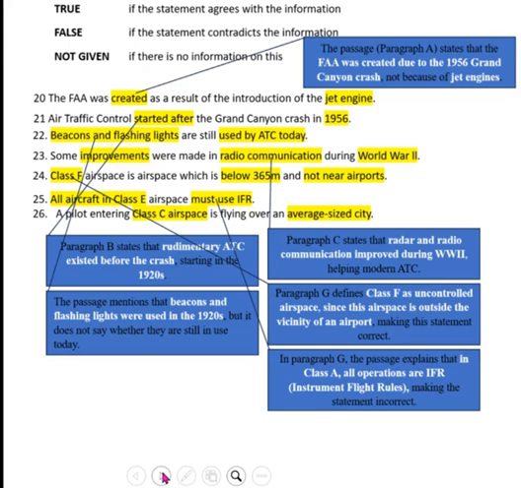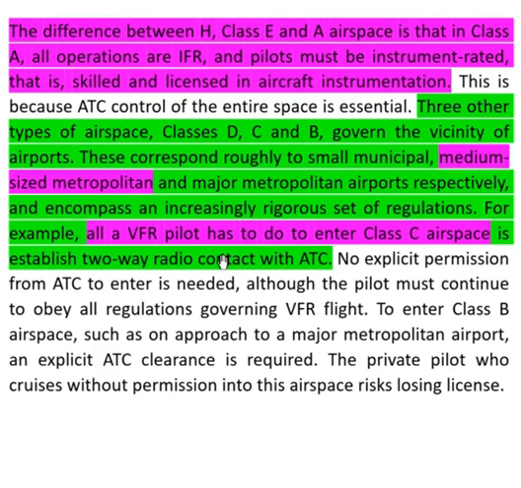Let's go to the last part of the passage, which is paragraph G. We can start reading from the green highlights. Three other types of airspace, classes D, C, and B, govern the vicinity of airports. These correspond roughly to small municipal, medium-sized metropolitan and major metropolitan airports respectively, and encompass an increasingly rigorous set of regulations.